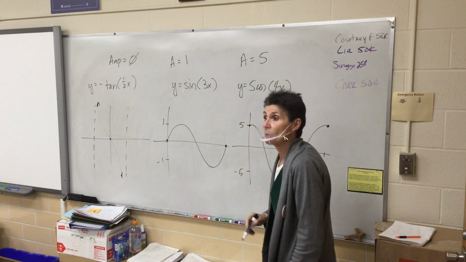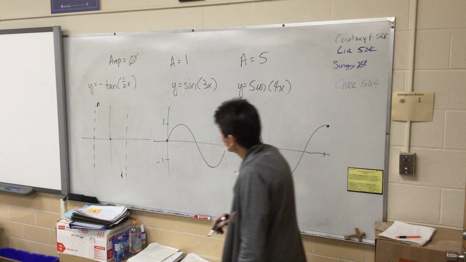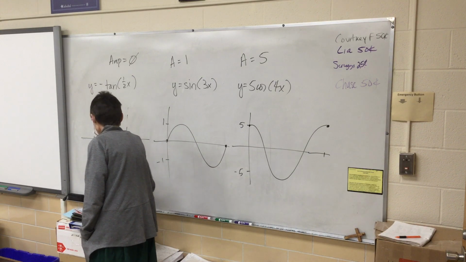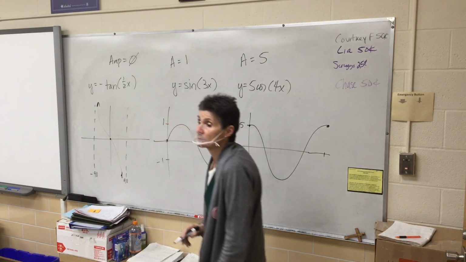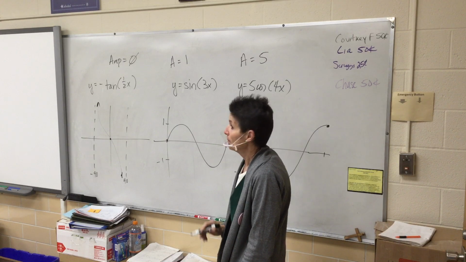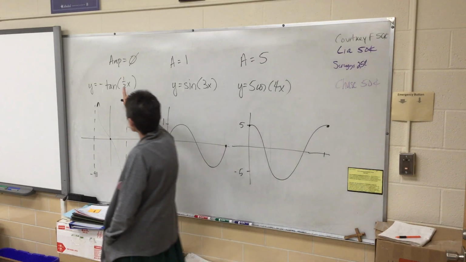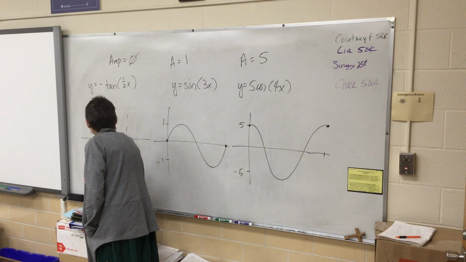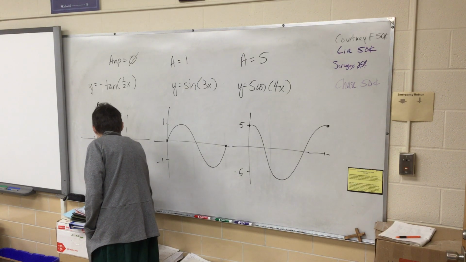All right, so now we have to do our horizontal labels. Now for a tangent, they're normally negative 90 and 90. But, see this number right here? It divides those. So we have to divide by a half.